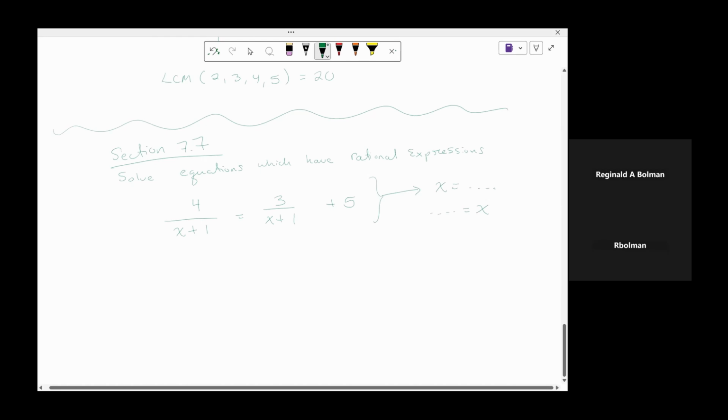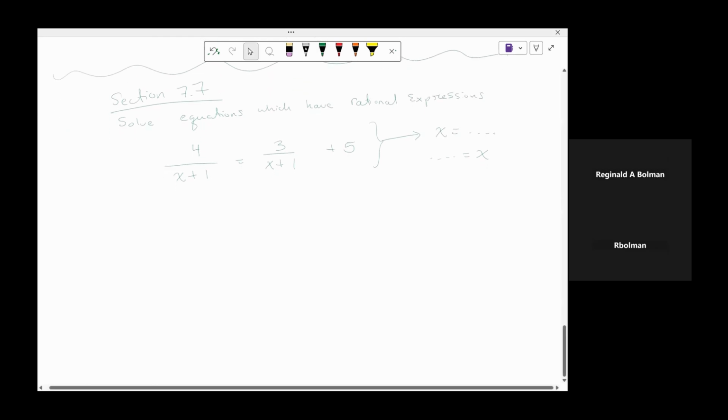But another thing that it means is that when you have x equal to something, that something that x is equal to actually has to make sense. And there is, in fact, a problem whenever we're dealing with these rational expressions, and that is simply that not all values of x are legitimate.